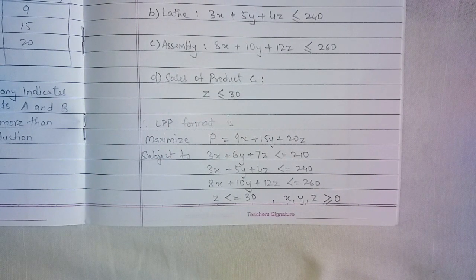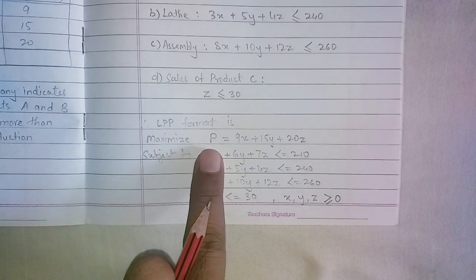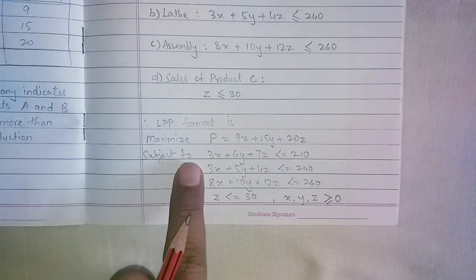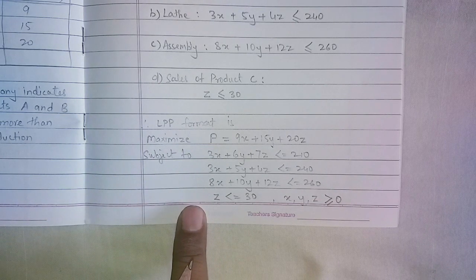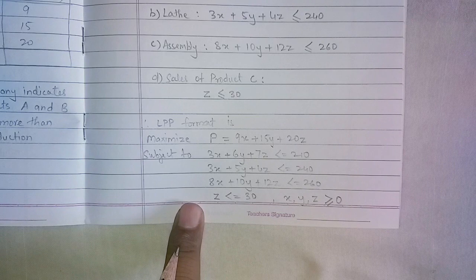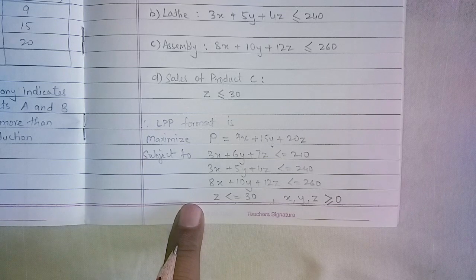We can use these linear equations to solve the problem using the graphical method and find the values of x, y and z such that the profit is maximum and it also follows all these constraints. Later on we will see how to use the graphical method to solve this problem and find the final optimum solution.